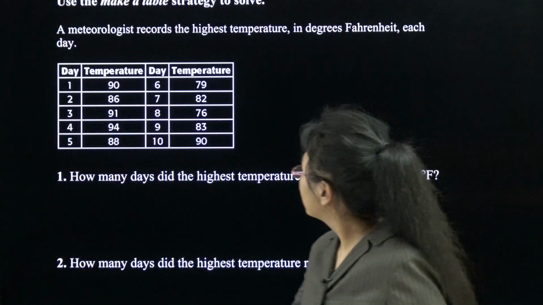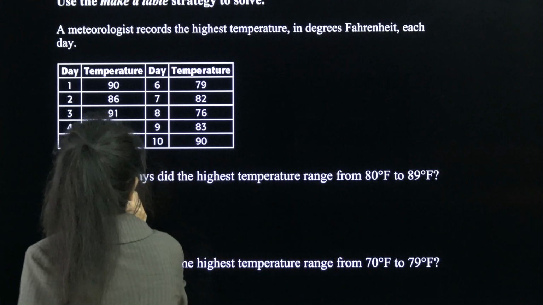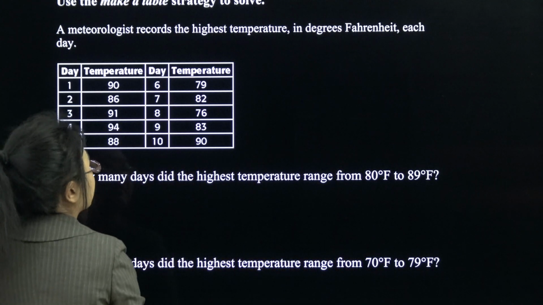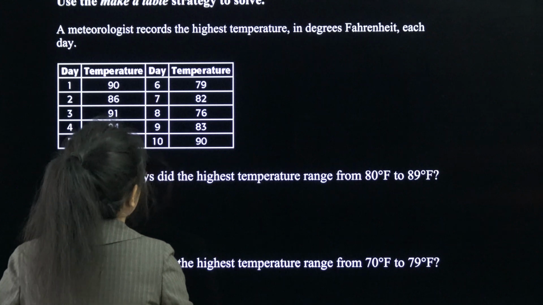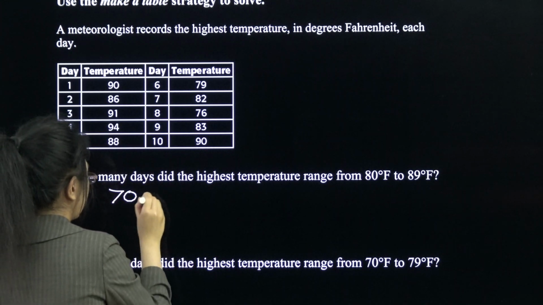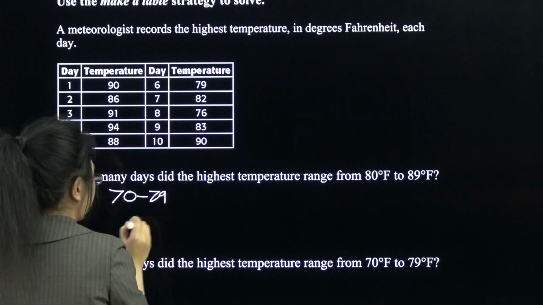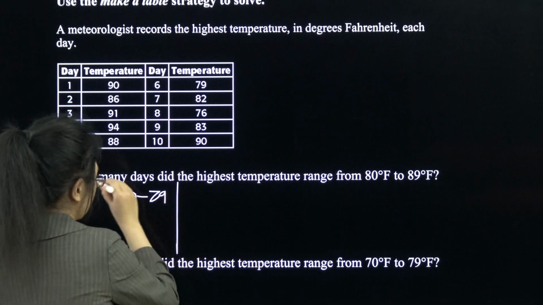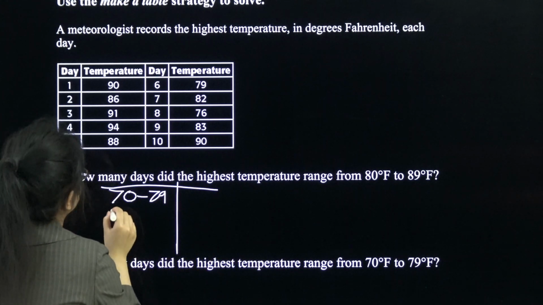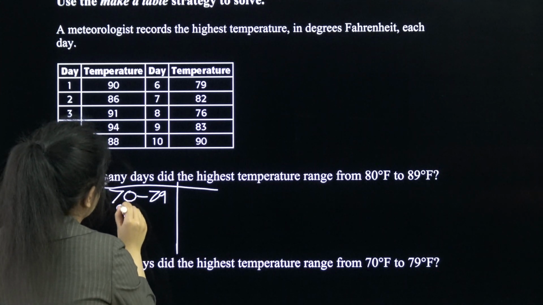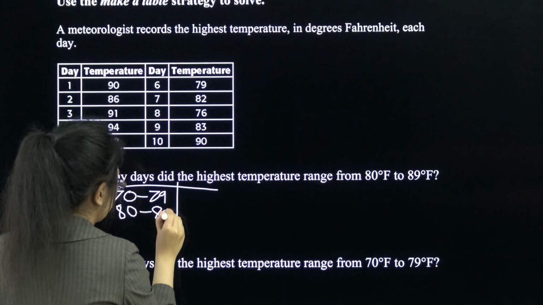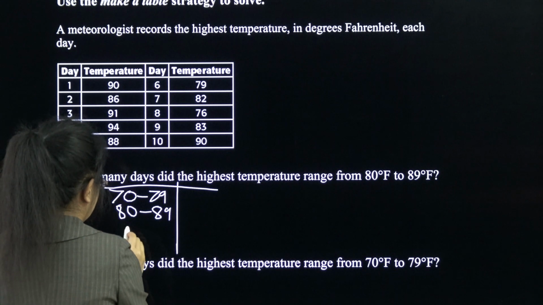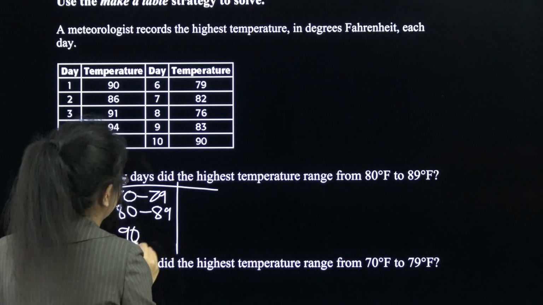Well, the lowest is 70 something. So let's go from 70 to 79. It's not exactly a proper looking table, but it works. 80 to 89, which is the one that we want, and 90 to, there's nothing over 100, so.